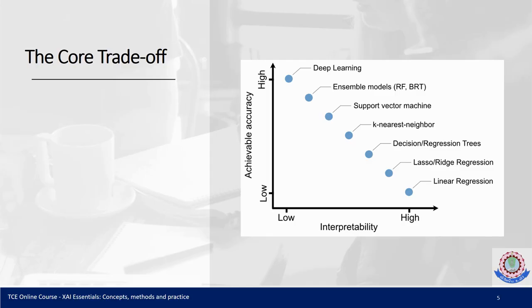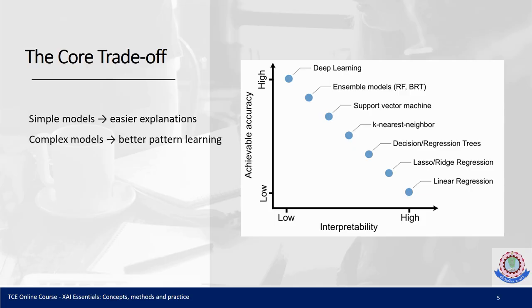This brings us to the core trade-off between interpretability and accuracy. Simple models like linear regression or small models like decision trees are easy to understand, but they may struggle with complex data. Complex models like deep neural networks can achieve excellent accuracy, but they behave like a black box.